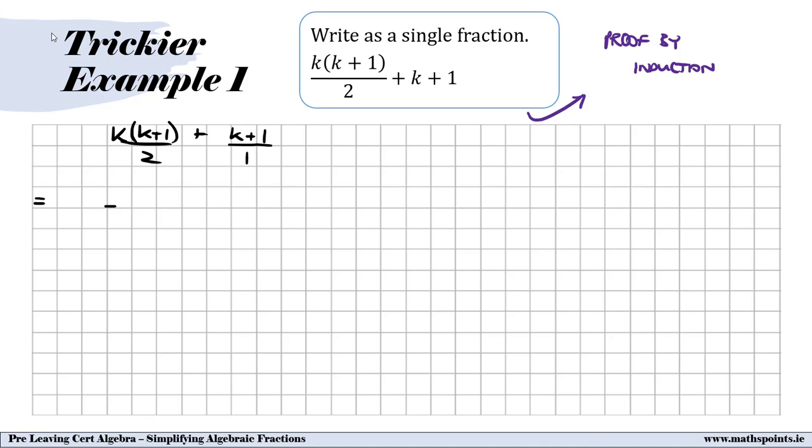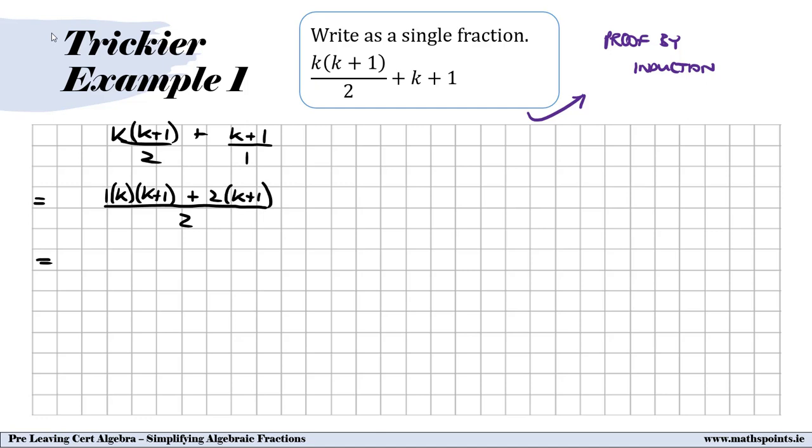The common denominator in this question is going to be the lowest number that both 2 and 1 go into, which is 2. I'm going to divide the denominator of the first fraction, 2, into 2 to get 1, which tells me I need to multiply my numerator by 1 to make it an equivalent fraction. So I have 1 on (k plus 1). Likewise with the second fraction, I'm going to divide the denominator 1 into the common denominator 2, and I get 2, which means I'm going to have to multiply the numerator k plus 1 by 2.